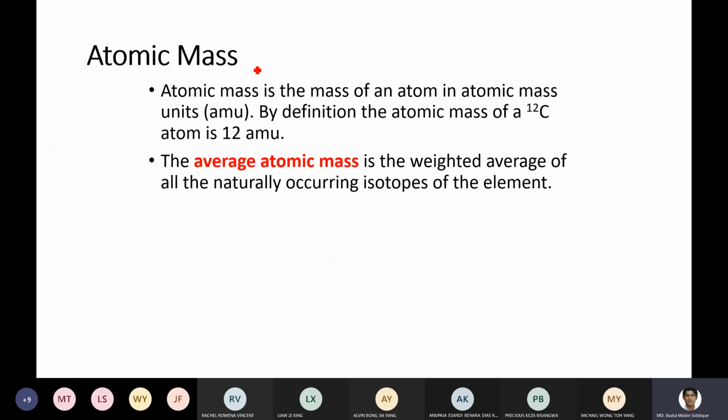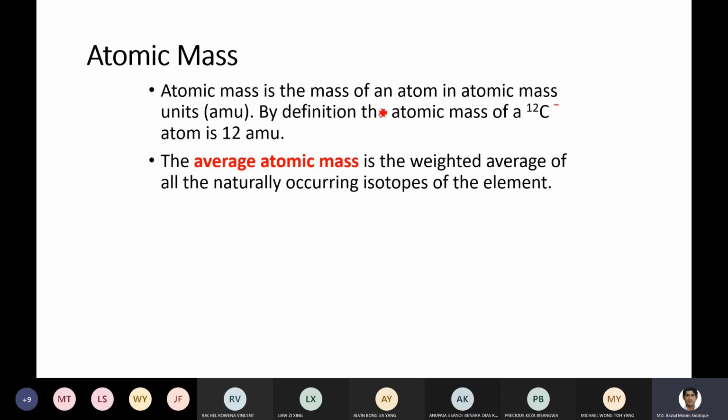Now we have been talking about the atomic mass for quite some time. So what is an atomic mass? This is the mass that is expressed in AMU, the atomic mass unit. By definition, carbon has many isotopes, right?